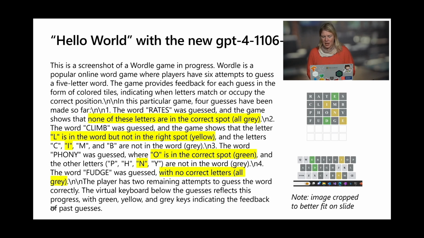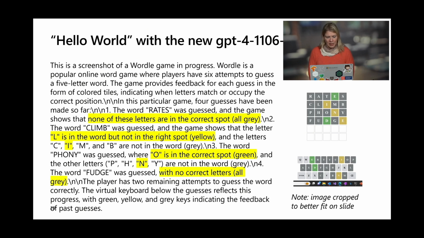So I passed in the image that you see on the right-hand side of this slide. Do notice that this image was cropped. It looks like it's in a cell phone layout here, but it was actually from my laptop, and I just cropped out the white space on either side to make it fit on the slide a little better, but just to be very transparent about what I was passing in. Note that the model does recognize that this is a screenshot of a Wordle game in progress.